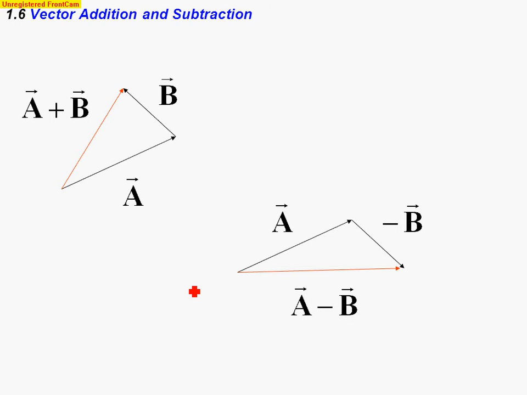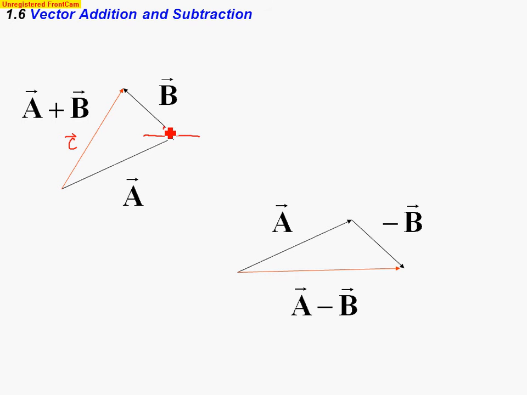Here's another example. Here we have A plus B equals C. This is our C here. In this example, we're taking A minus B. So we still have the same A, same angle, same direction. And our B is the same angle with respect to the horizontal.